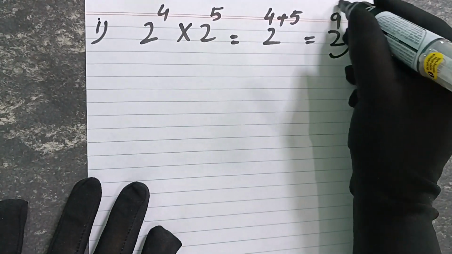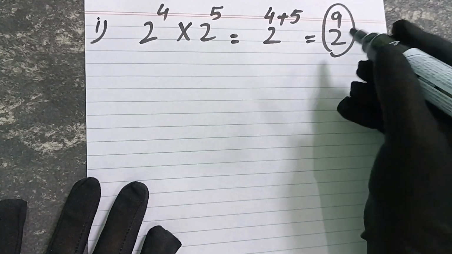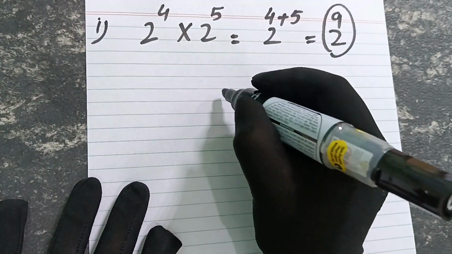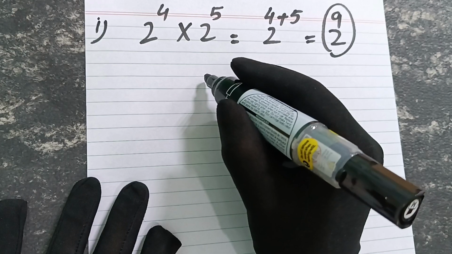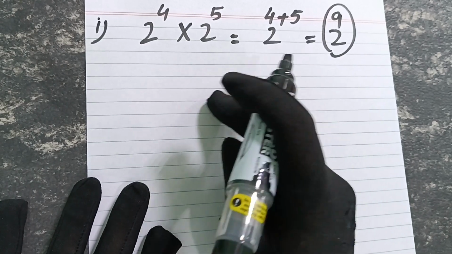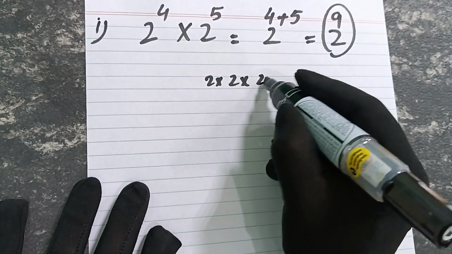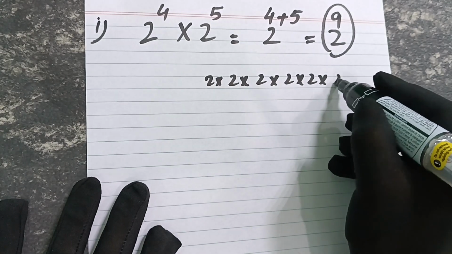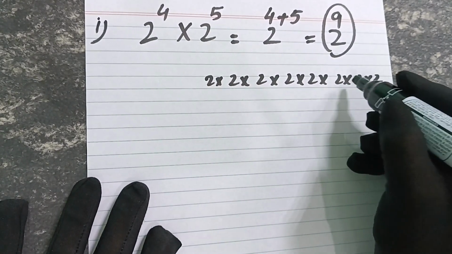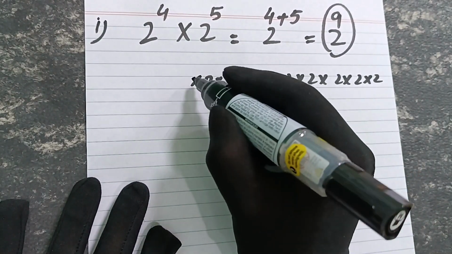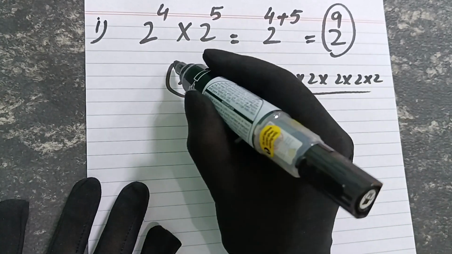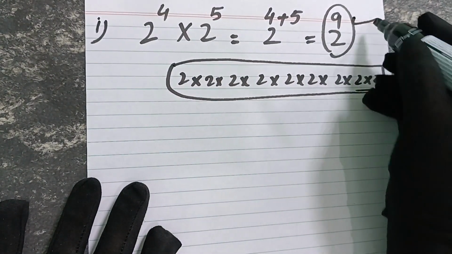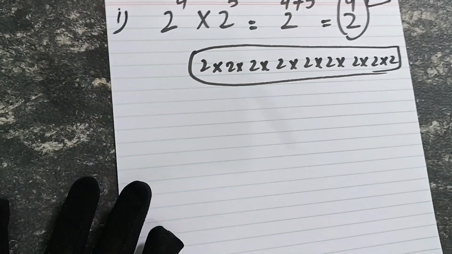You can solve this on the calculator also, or normally it would be very lengthy, like 2 multiplying to itself 9 times. But using the exponential law, it's very easy.